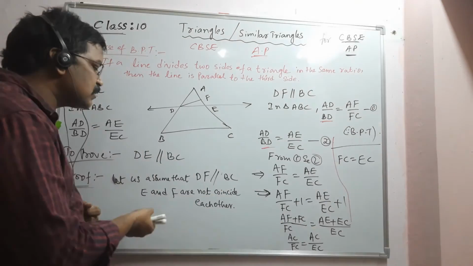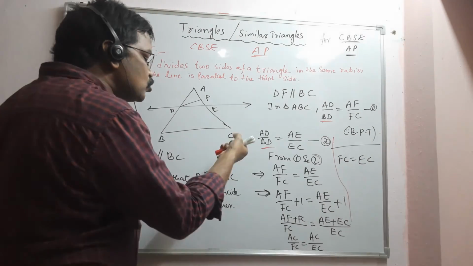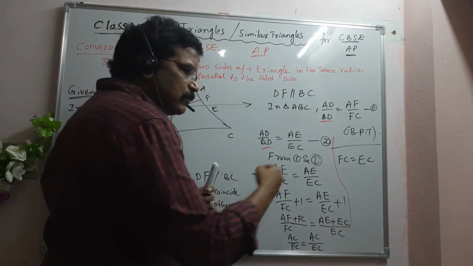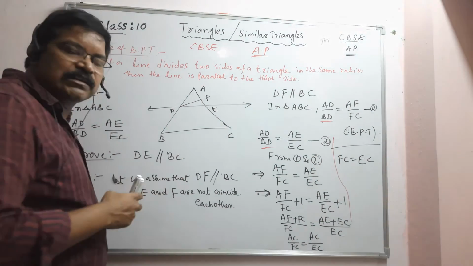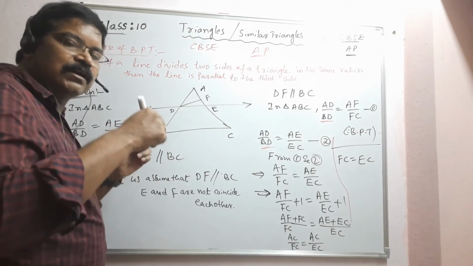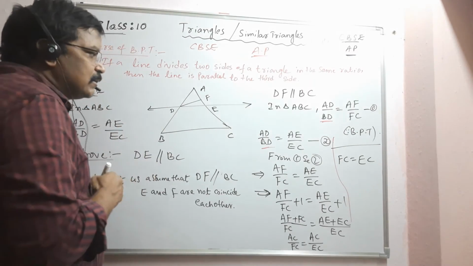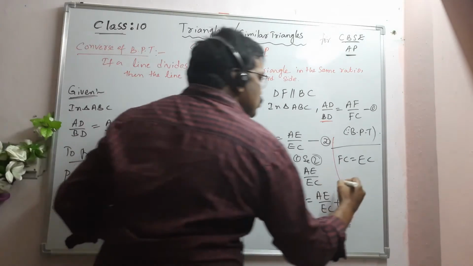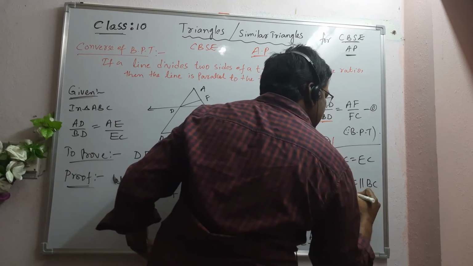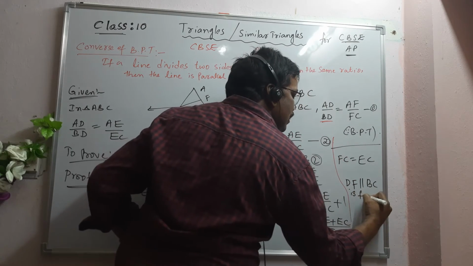What is our assumption? That DF is parallel to BC. So, FC is equal to EC. Finally, we got FC and EC are equal. Therefore, we can come to the conclusion that DF parallel to BC is false.